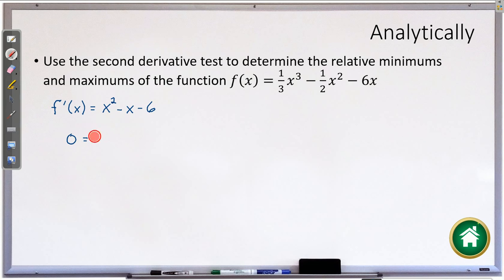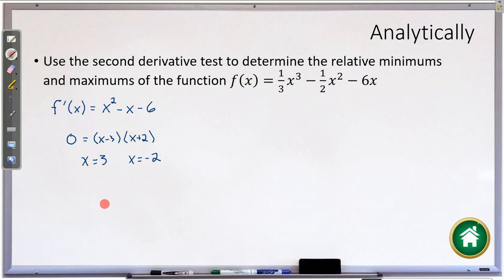Okay? So if we factor this, you will get x minus 3 and x plus 2. And so our two critical points are positive 3 and negative 2. So each of these are either relative minimums or a relative max. One or possibly neither, I suppose.